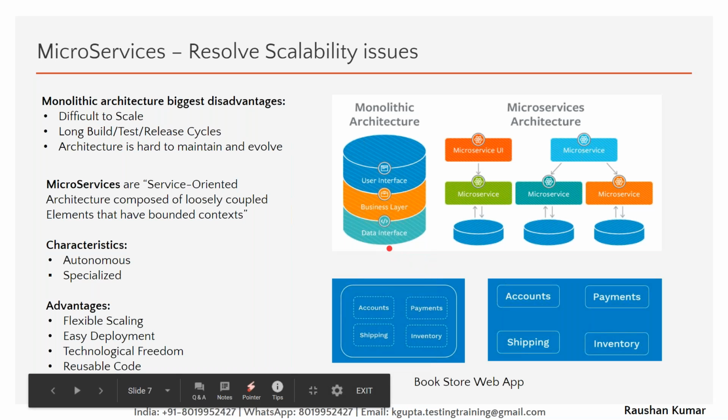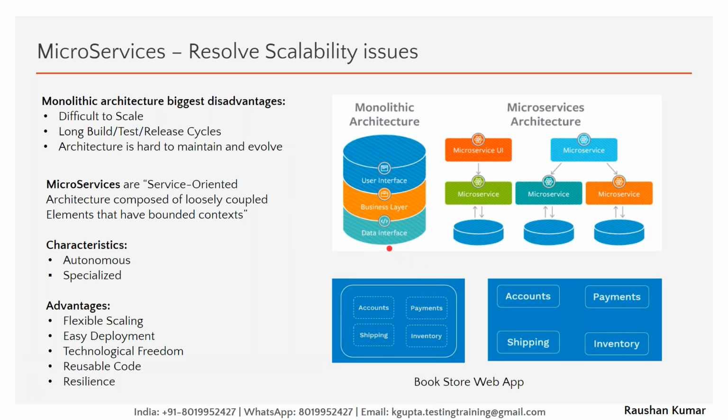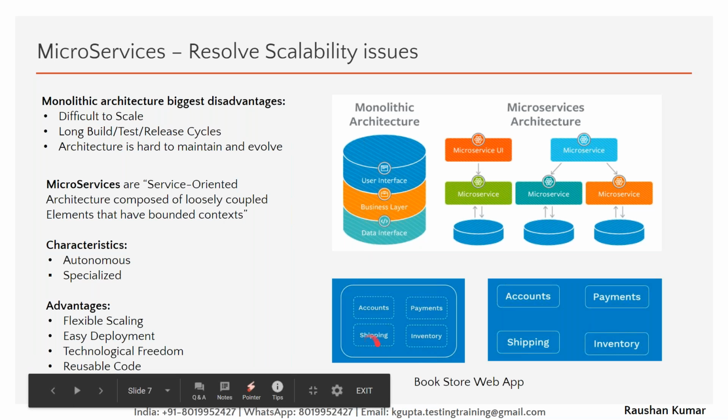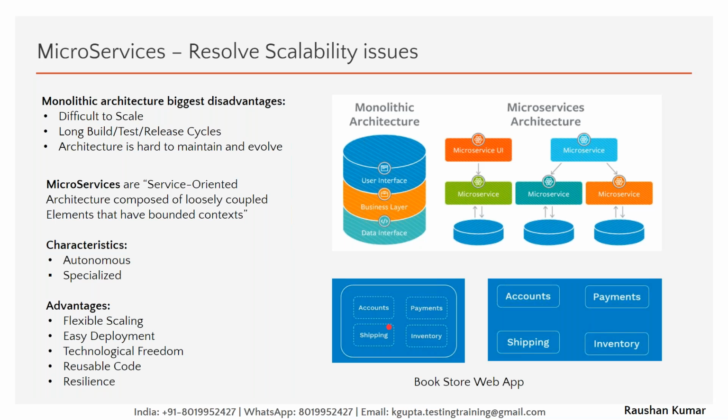Here all my business logic, all my business functions, are tightly coupled in the same business layer. I am using this shipping module, which uses code that is used in the account section. I'm calling the functions which are written in the account section. So these are tightly coupled. But that has a lot of disadvantages, and that is why we need to go for microservices architecture.